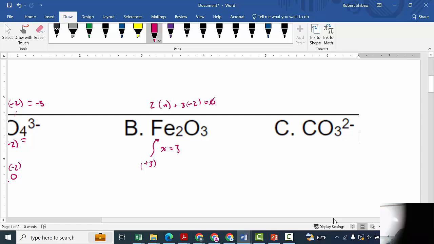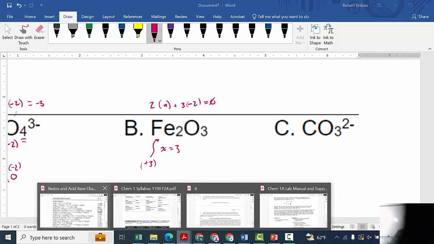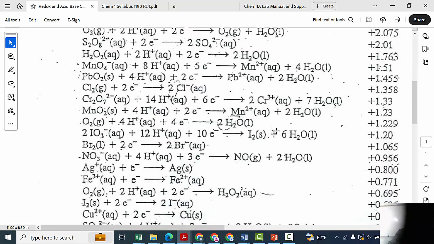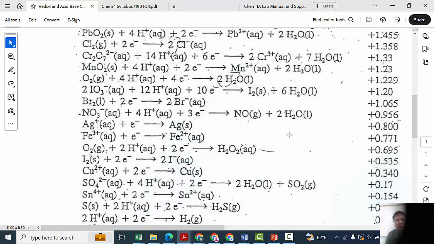But the interesting thing is, if you read through the chart, iron 3 is actually a pretty decent oxidizer. Iron 3 is a little weaker than silver ions and a little weaker than nitrate, but it's stronger than oxygen here, because this oxygen produces hydrogen peroxide, so we can eliminate this one.